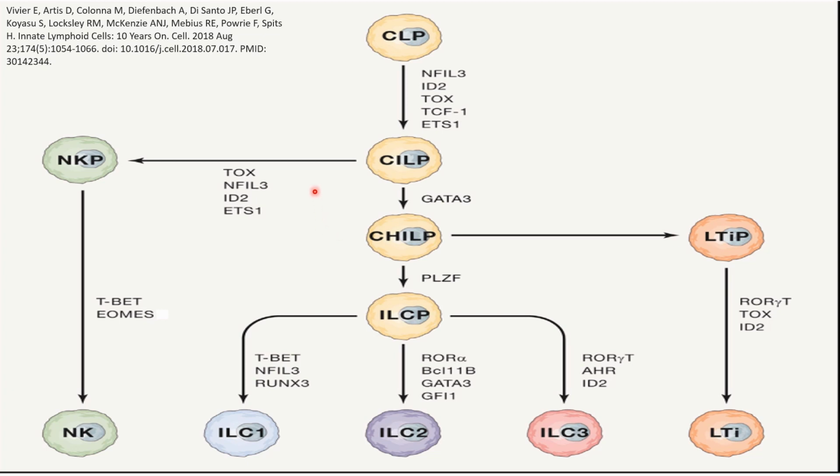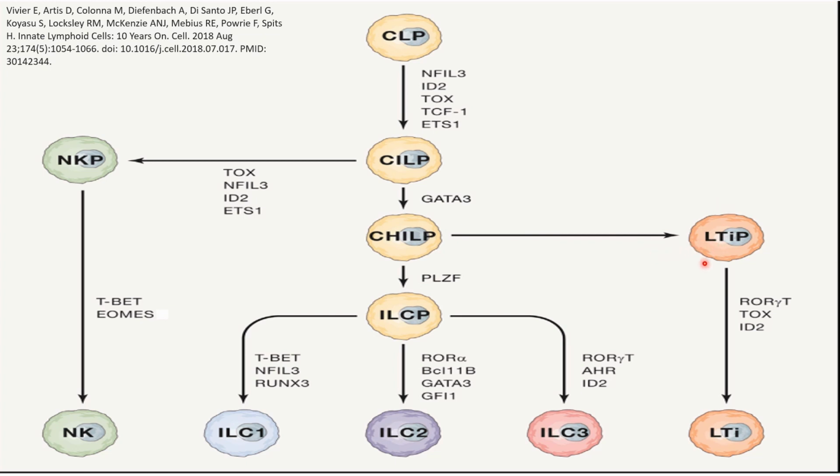So we have first the common lymphoid progenitor, which will give rise to the common innate lymphoid progenitor, and this one will give rise to the natural killer progenitor, which will give rise to natural killer cells, and to the common helper innate lymphoid progenitor, and this one will later on give rise to the innate lymphoid cell progenitor or lymphoid tissue inducer progenitor.